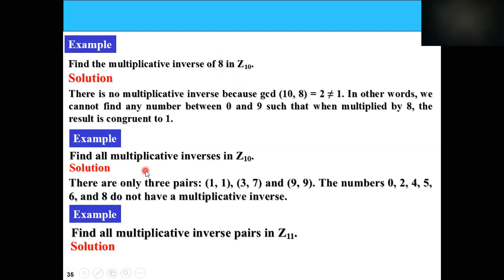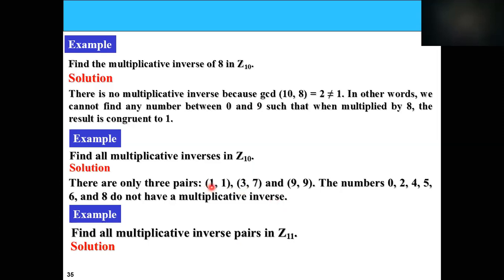And how do we calculate the inverses in Z10? Sometimes we call them unit elements. In Z10, we basically have 10 elements that start from 0 up to 9. All those elements having GCD with 10 equal to 1, we can calculate their inverses.